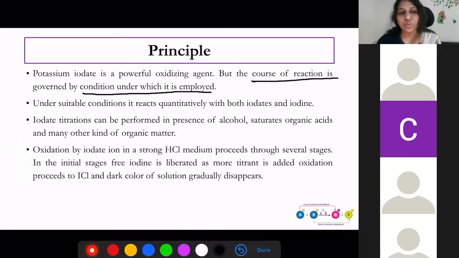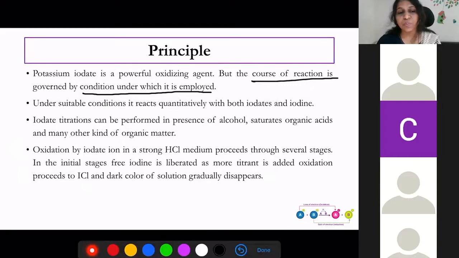Pay attention to the last statement now. Oxidation by iodate ion in strong HCl medium is going to proceed through several stages. At the beginning of the titration, in the initial stage, free iodine is liberated as more titrant is added.